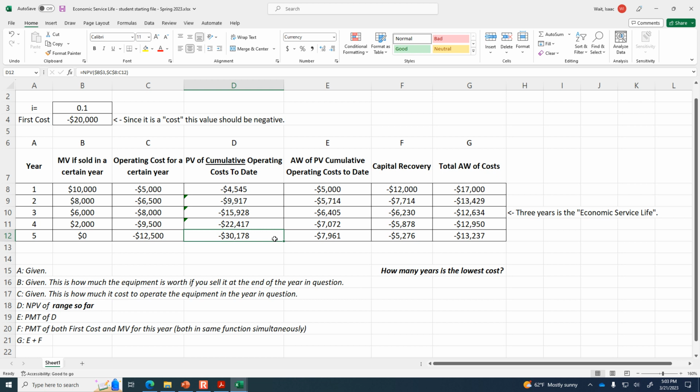How much is that annual series? And so that's what we've done here in column E, is for each number of years, what would be the operating costs on an equal annual amount? Any other questions?